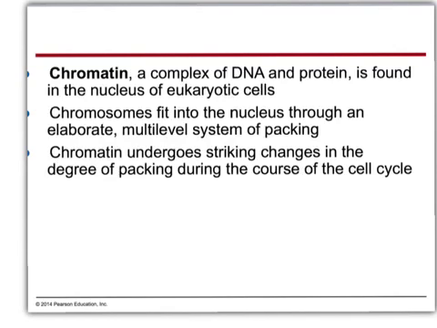So in normal cells that are in interphase, chromosomes are decondensed into a form of DNA and protein called chromatin. All right? And then chromosomes are an order of packaging beyond chromatin. All right? This is a multi-step process of packaging DNA.